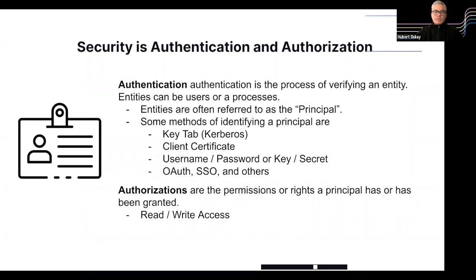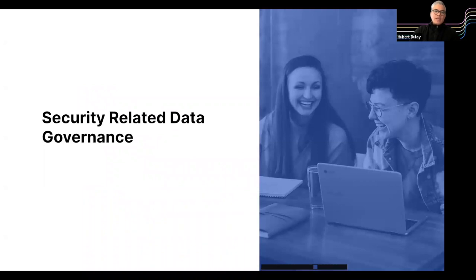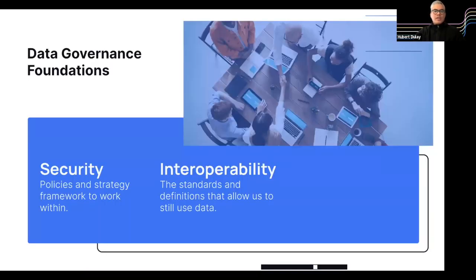So let me go to the next page. We're going to talk a little bit about security and how it relates to data governance as well. Data governance is not just the regulations, but it fundamentally comes down to these two points. There's security, which is authentication and authorization, and then being able to share that data across other users in your business, which is the interoperability part of data governance.